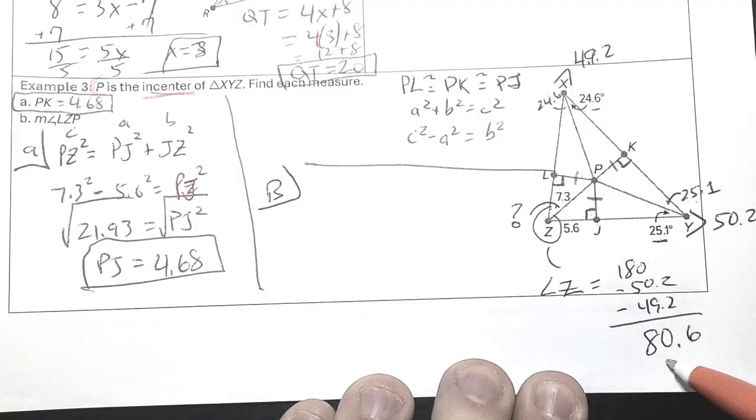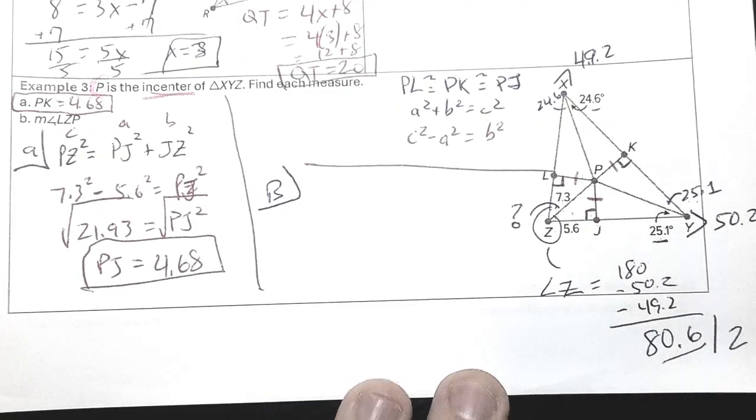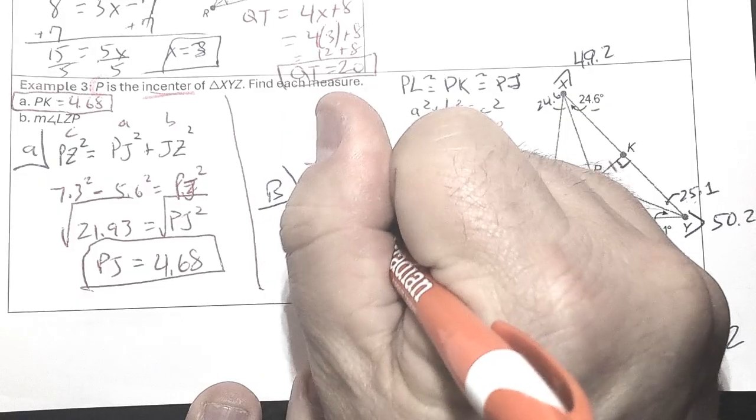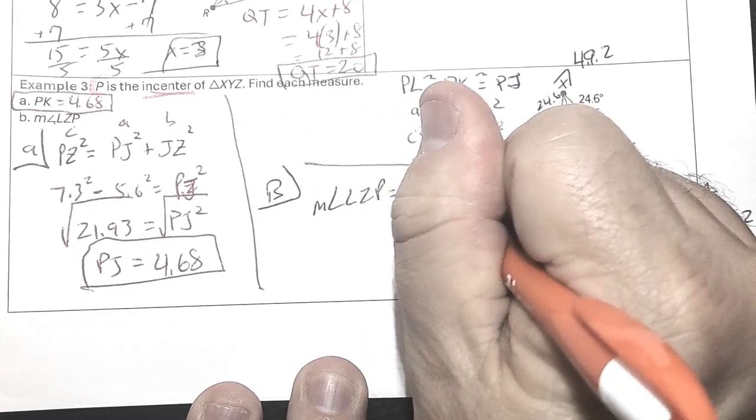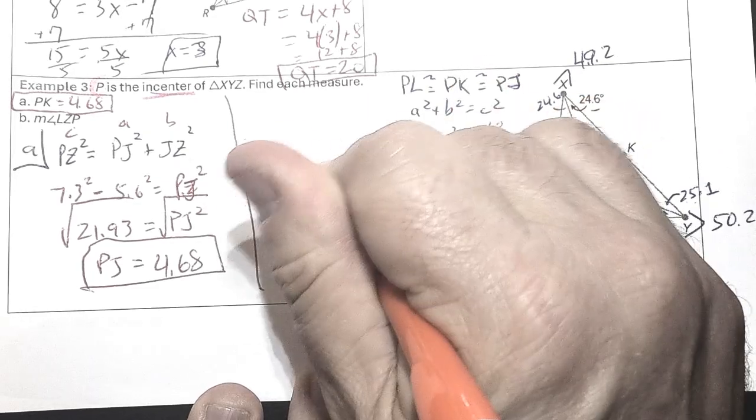So angle Z is 80.6. Remember, these are two halves, so divide it by 2. And the measure of angle LZP, which is half of 80.6, is 40.3 degrees.